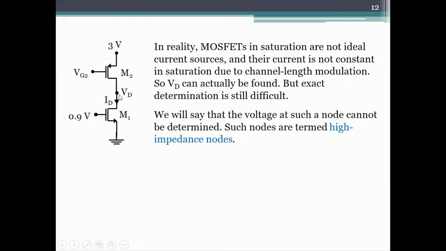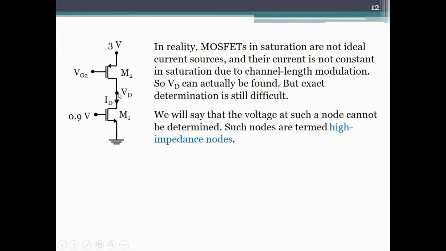Realistically, of course, the MOSFET is not an ideal current source in saturation because of channel length modulation. One can say that the MOSFET is an ideal current source in parallel with some source resistance, and as soon as we have the source resistances, VD can be found.